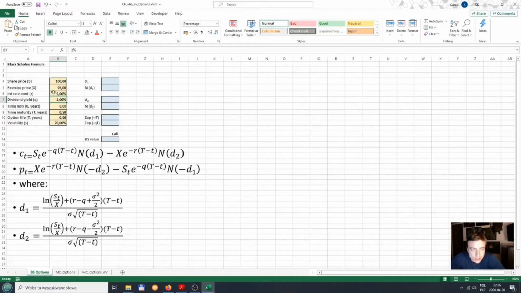We subtract the exercise price that is known as 95 in this contract. Then we have again base of natural logarithm, so this is some discounting, where we use the risk-free interest rate for continuous discounting, and again times something from normal distribution. This time we have d2.